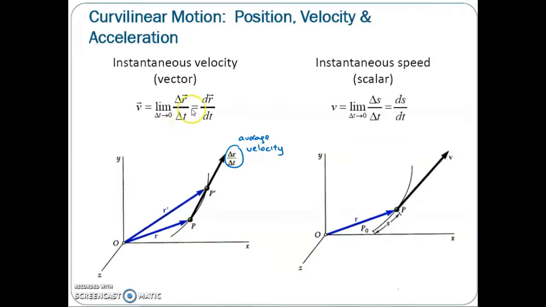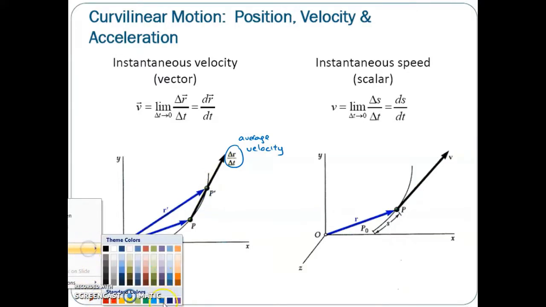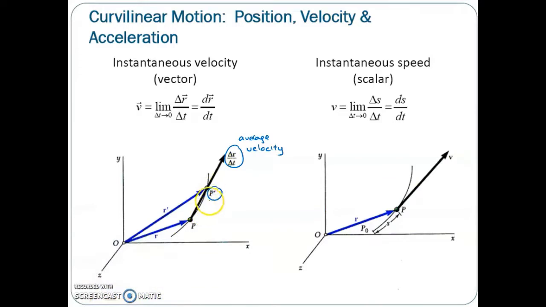We can rewrite it as equal to dr dt. When delta t and delta r become shortest, P prime basically moves near to P. That gives us our instantaneous velocity equal to dr dt.